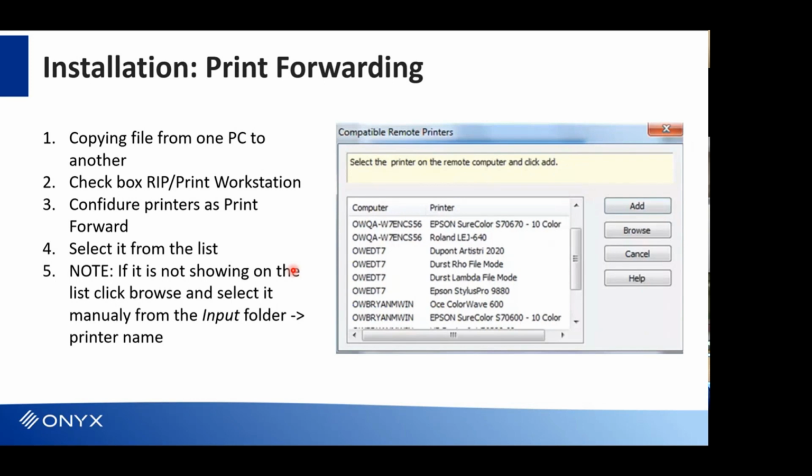This is a pretty old one, but yeah, let's say it's an Epson SureColor. Then when you choose whether it's TCP/IP or a print to file option, you just use print forward. And then you select it from the list, and if it's not on the list here, you just browse and try to add it and look for it manually. Please do remember that when you try to do it, the RIP has to be connected to the internet, right? It's important, right?